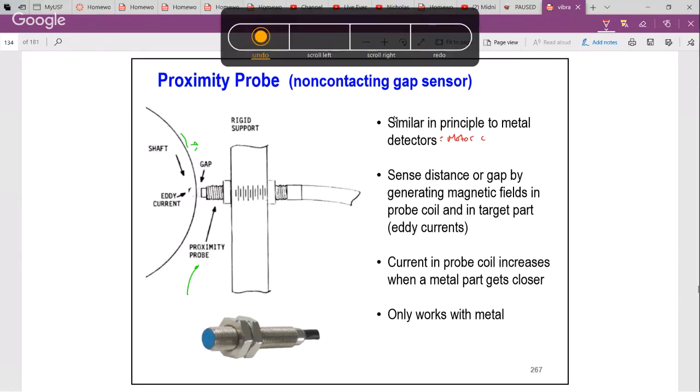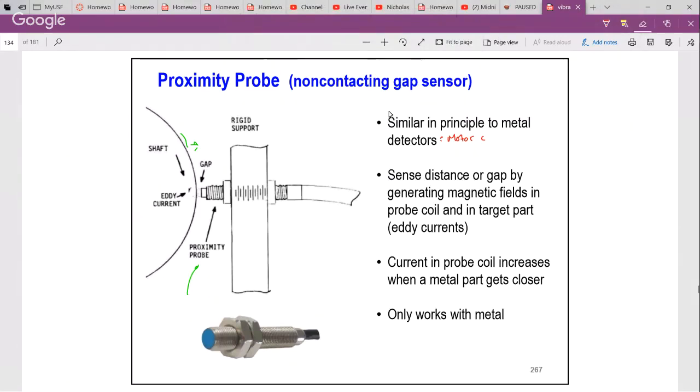basically creates a magnetic field that's disrupted by the presence of metal. A proximity probe basically, in very simple terms, assesses that magnetic field, and the change in it gives us, with some electronics, a voltage that's proportional to that gap.